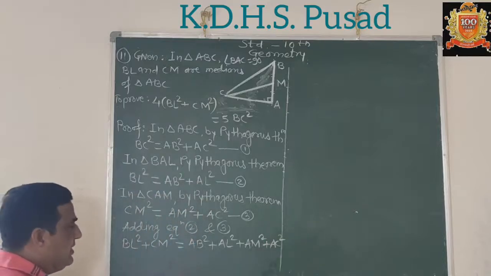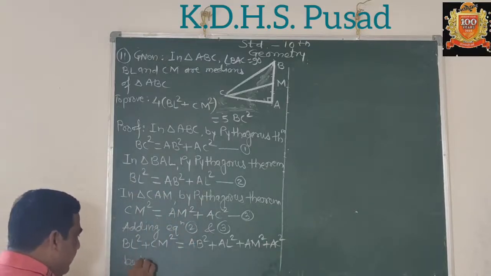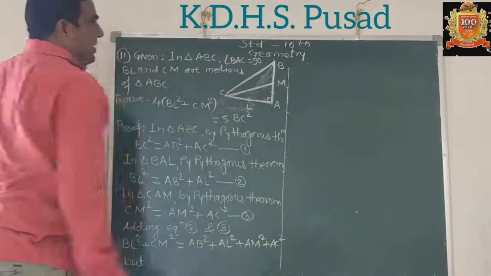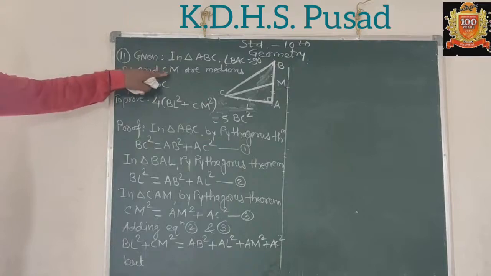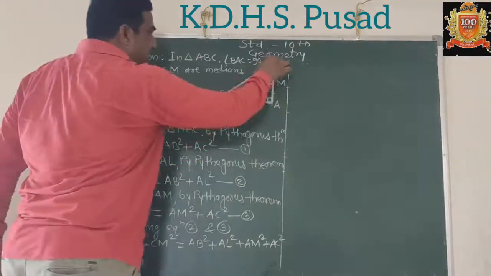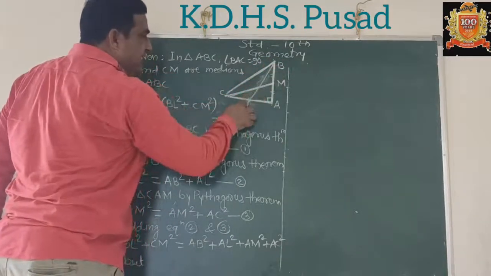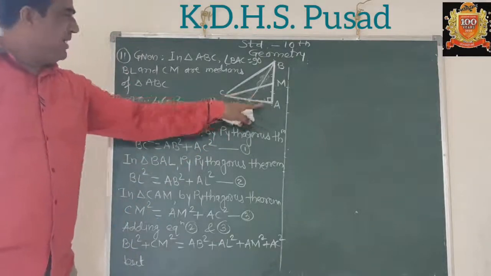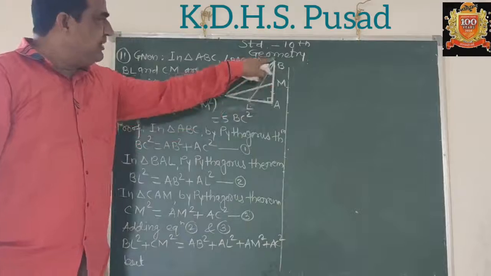Okay, we added this. But now check your given part. What is given here? BL and CM are the medians. If BL is a median, here is the midpoint of AC. And if CM is the median, here is the midpoint of AB.